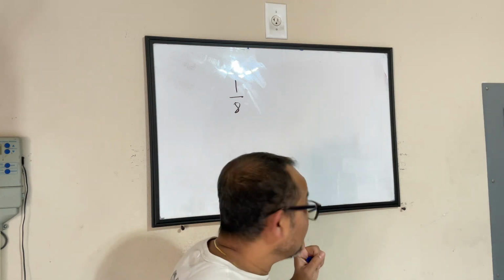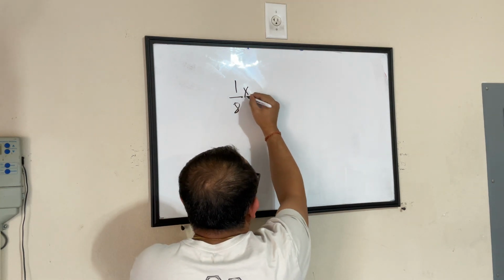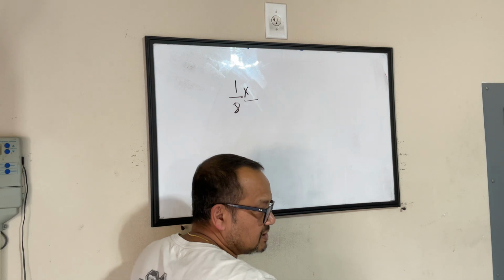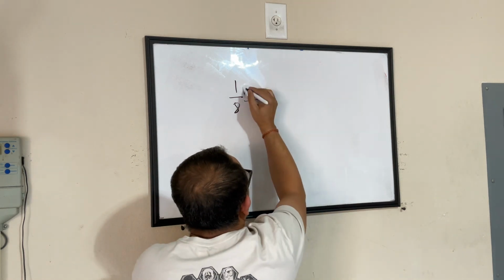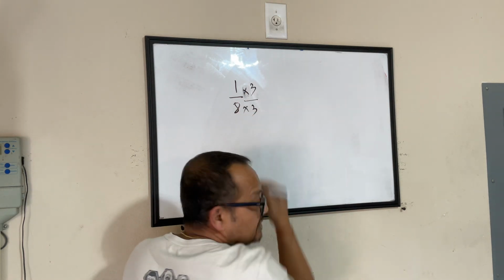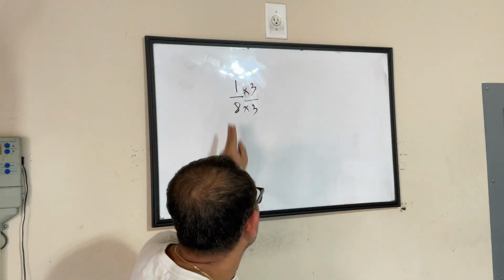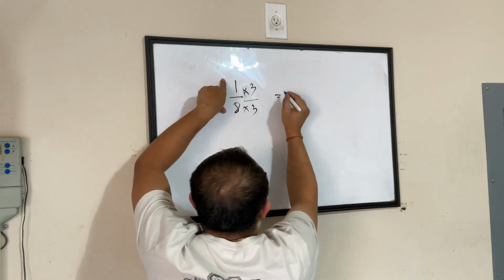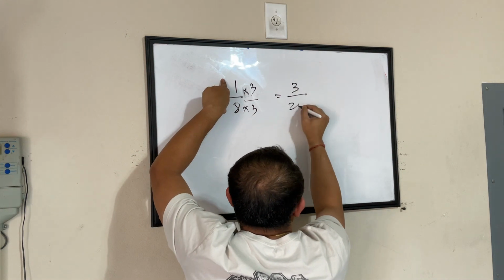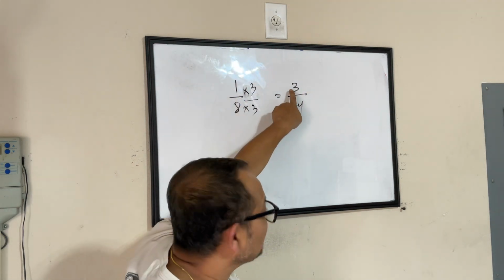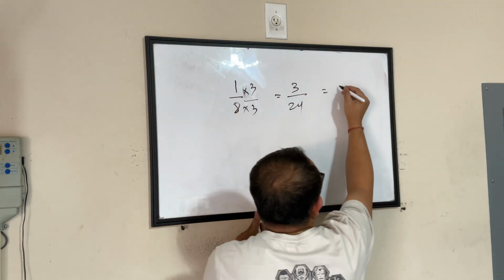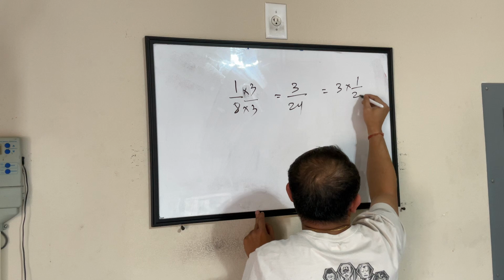So what did we learn in the previous class? You can always multiply and divide by the same number. I can multiply this by 3 and also here 3. So this 1 by 8 became 1 into 3, 3 by 24. Now I have more than 1. I can say this as 3 into 1 by 24.